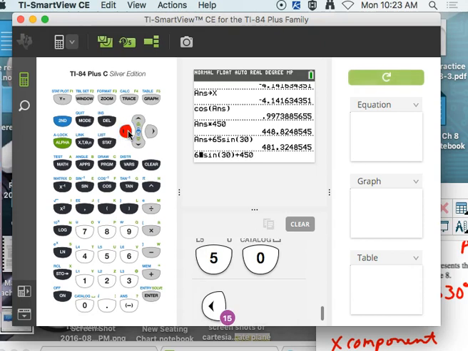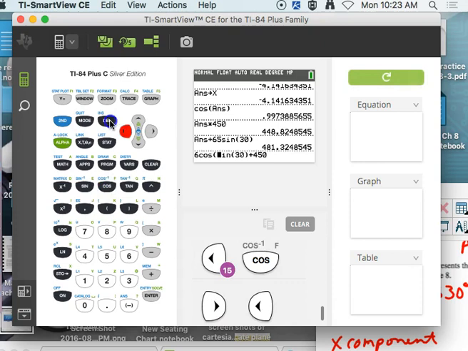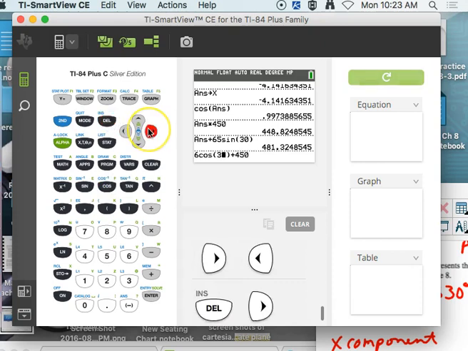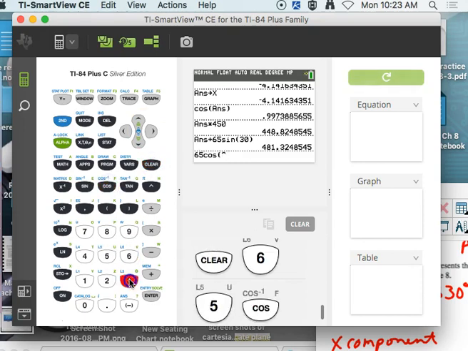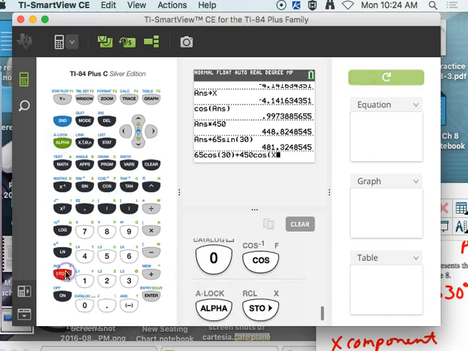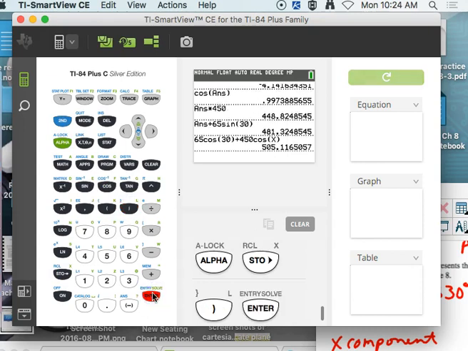I punched it in with sine. What happened here? There we go. Plus 450 cosine of my x. There. That's better. 505.117.